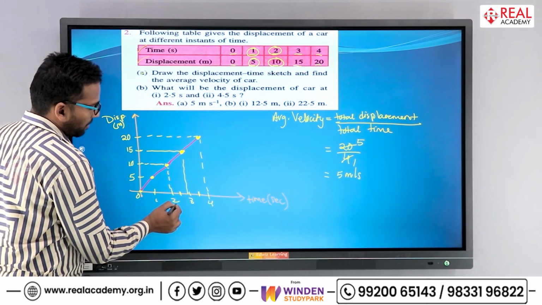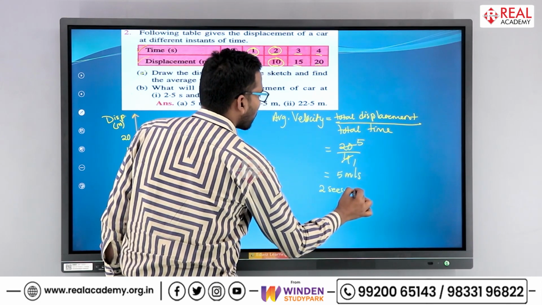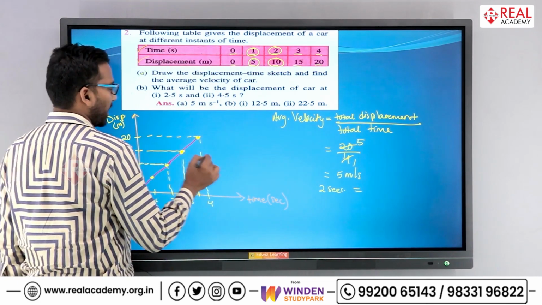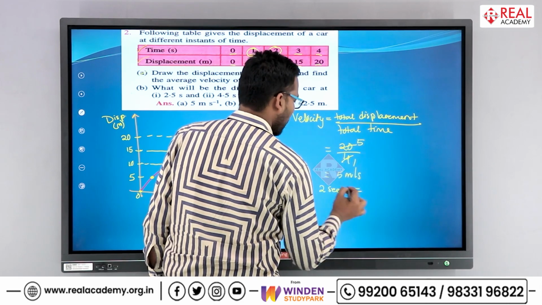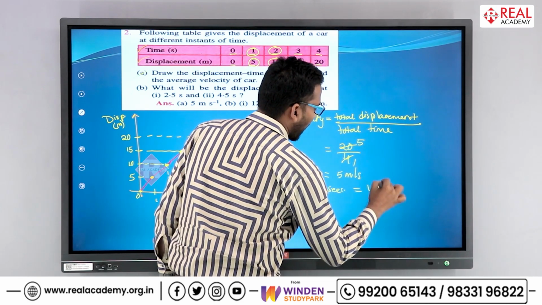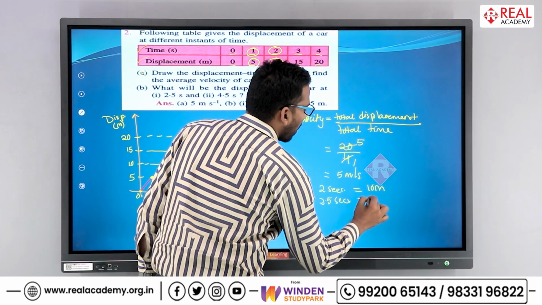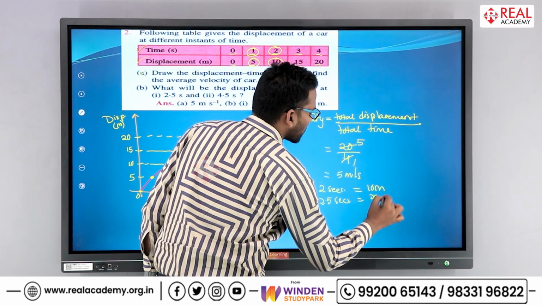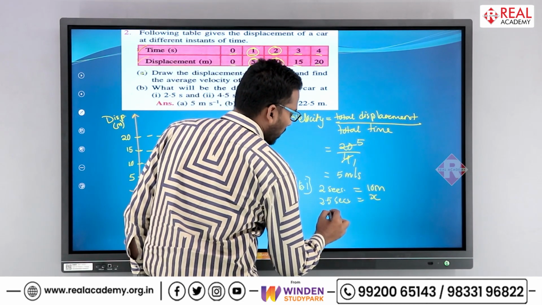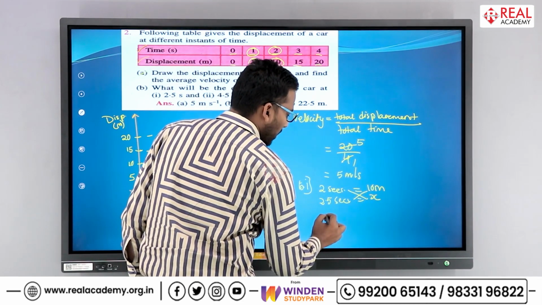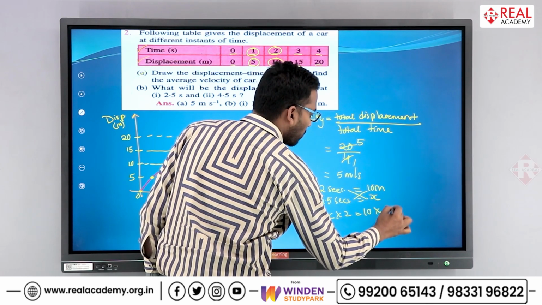For this, we can go by my method. For 2 seconds, it is completing 10 meter. Then for 2.5 seconds, how much distance will it complete? Let us suppose x distance. Now, how to calculate? Just cross multiply: x into 2 is equal to 10 into 2.5.